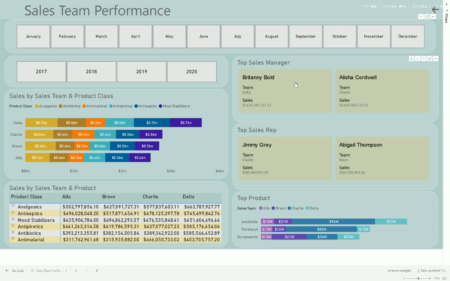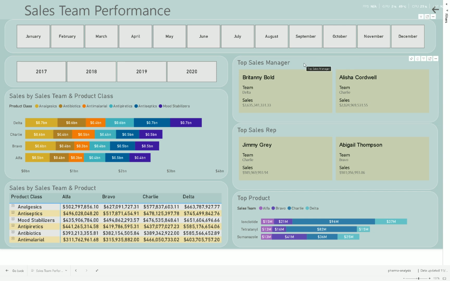Moving on to the top sales manager and the sales rep data. On the right hand side, as we can see, we have card visuals showing the top performing managers and sales representatives. These cards were created using the top N filter on the manager and rep dimensions.